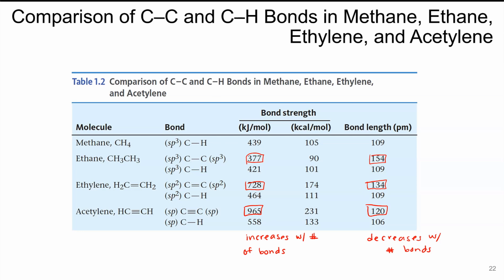The bond strength increases with the number of bonds, and the bond length decreases with the number of bonds. And that's because the electrons are being held closer together. And the CH bonds have the same trend where they increase, and the same with the bond length.